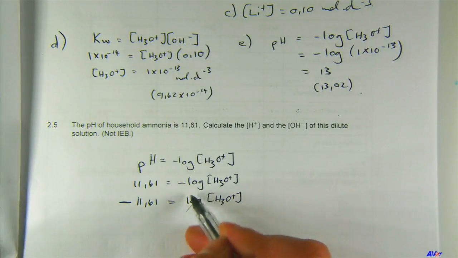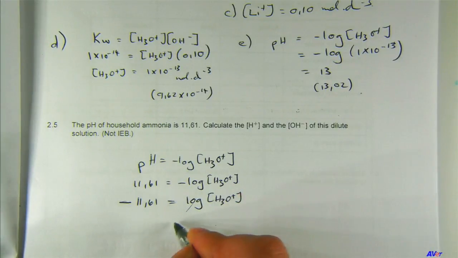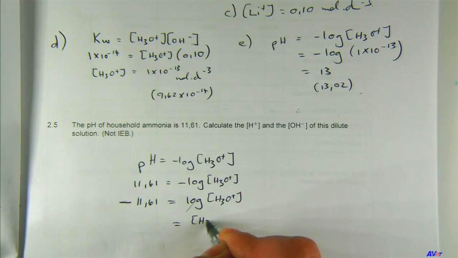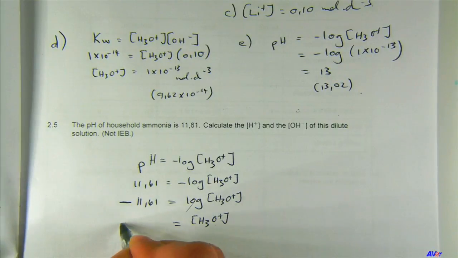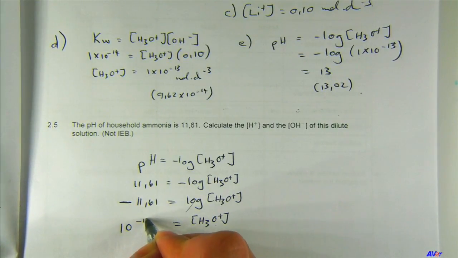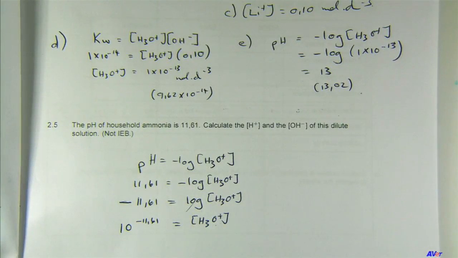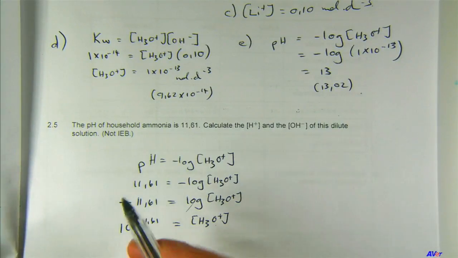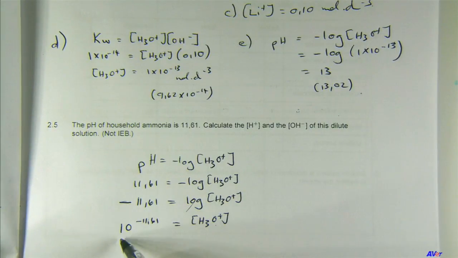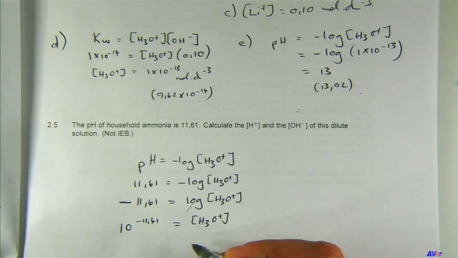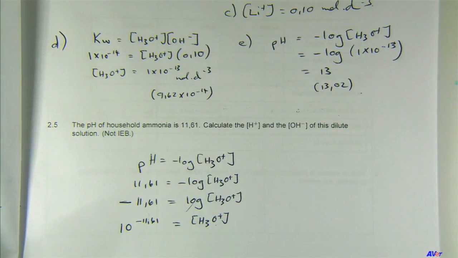Now I want to take away log here. If I take away log on this side, I have to add a 10 underneath there, because that is what log means. Right. What is the number if we have it to a base of 10? Now, how do I do this on my calculator? I will say second function log of minus 11.61.